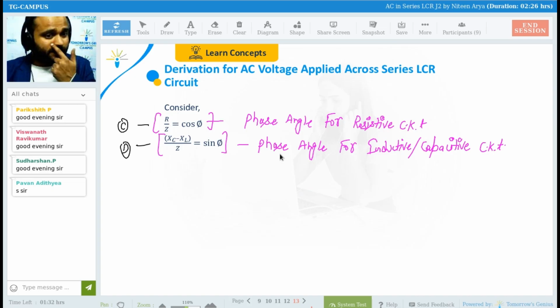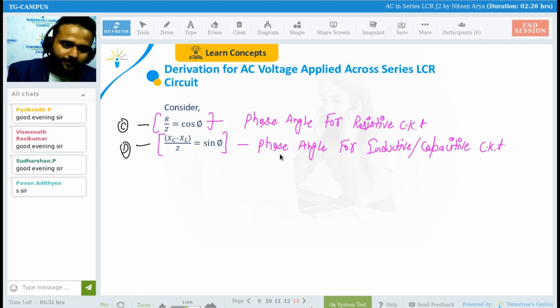Now this is the crucial thing here. For the phase angle, how much phase changes on the resistor alone is given by cos φ. On the inductive or capacitive part, as I explained in the previous class, in an inductor only, the voltage is going to be ahead.